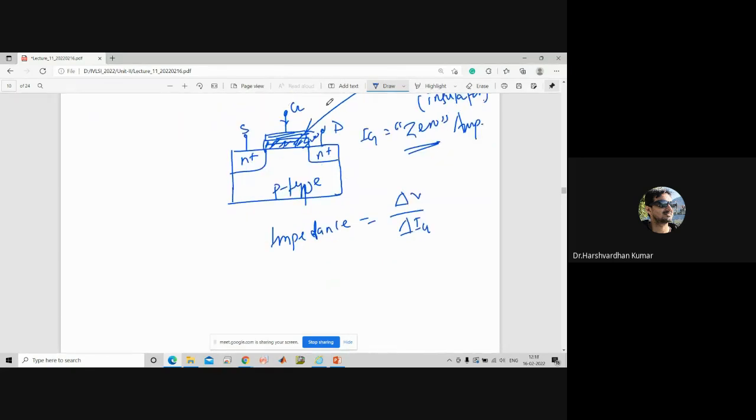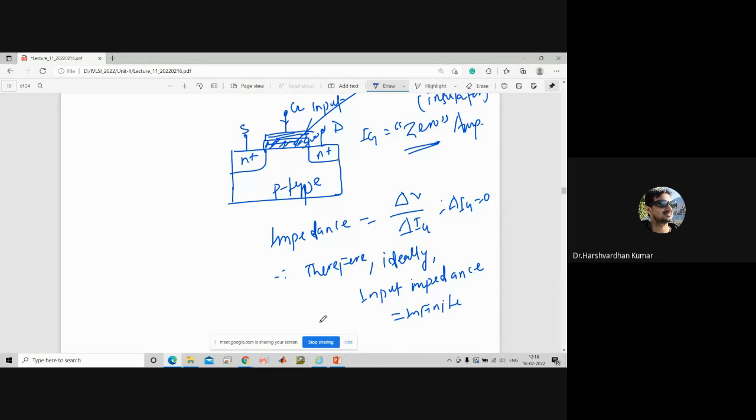Gate terminal is our input terminal. So since the gate current is 0, what will be the ideal value of input impedance? Therefore, ideally, the input impedance will be infinite. Very good.